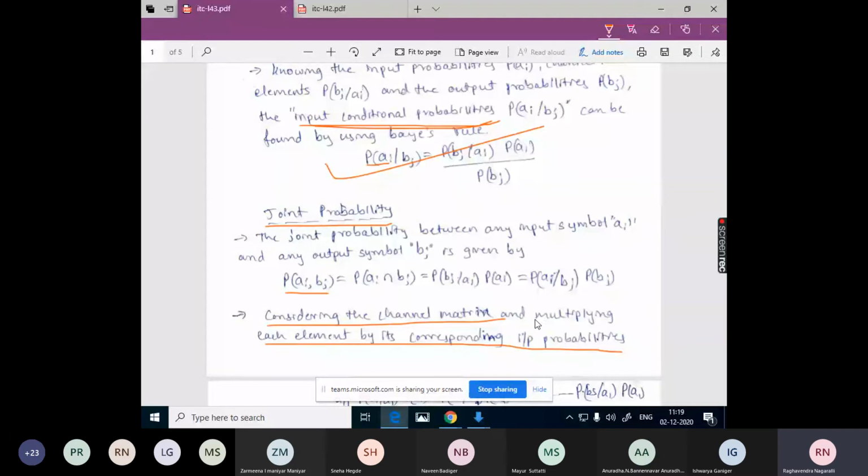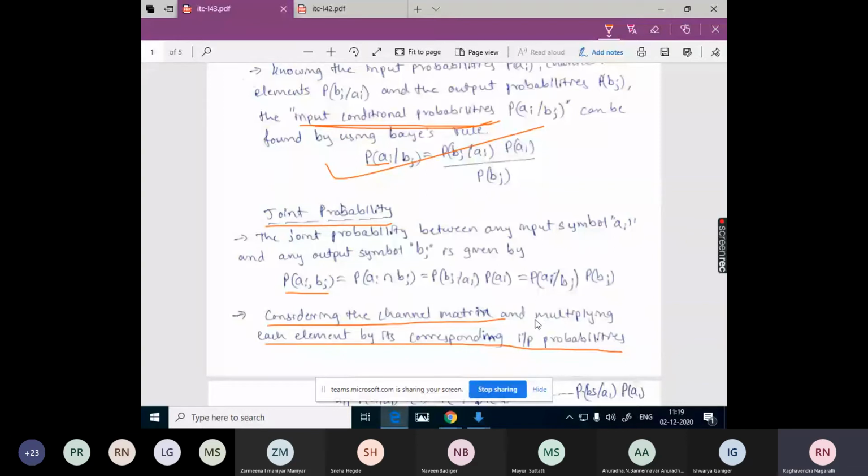Okay. So A1 comma B1 is given as 1 by 12. A2 comma B1 is 5 by 36. A3 comma B1 is the unknown probability which we need to calculate. Okay, so let's keep it as it is, and it is equal to P of B1.